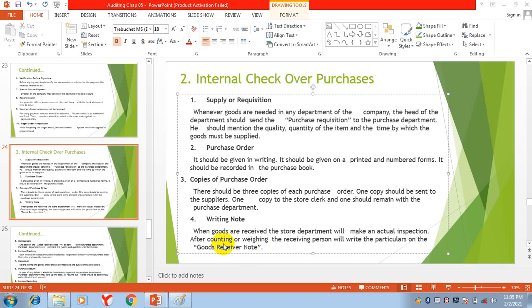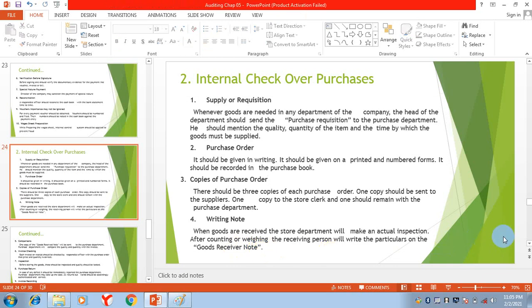Keep in mind, when goods are received, we will check whether the goods are received or not, what their weight is, what their quality and quantity are. Then he will write the particulars of each and every item on the goods received note.